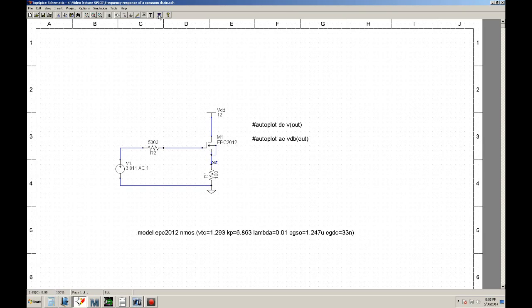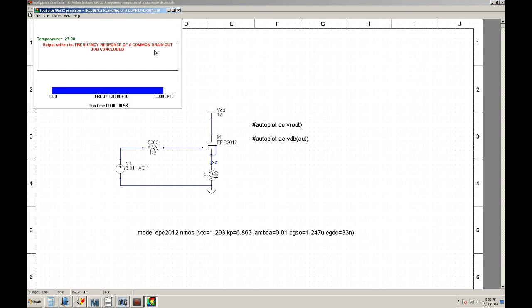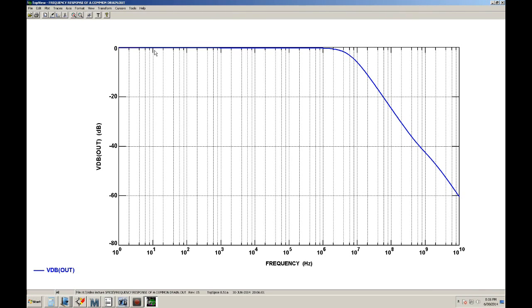Okay, so we go ahead, press run, and this is the gain. Now the bandwidth is where you have your negative 3 dB intersection, or when your gain drops by 3 dB.